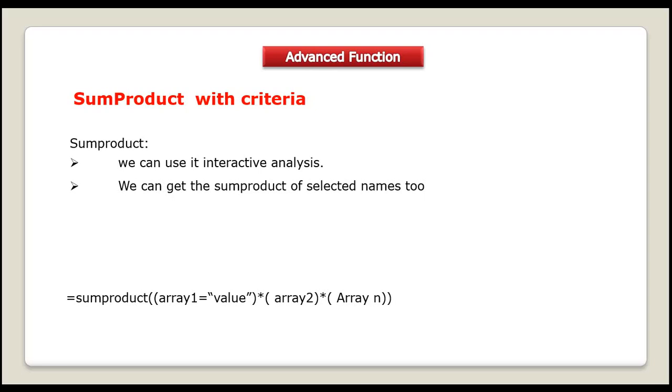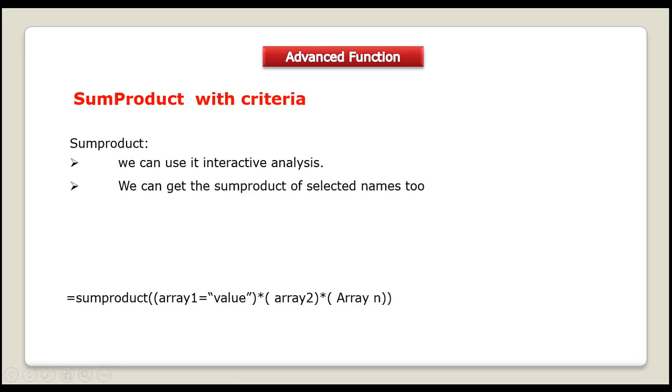So it is provided like this: SUMPRODUCT, and array1 equals value, meaning where the values or names are provided. So you take the array also. Then use the asterisk symbol, meaning the multiplication symbol. Then take array2 and array3 as they are.